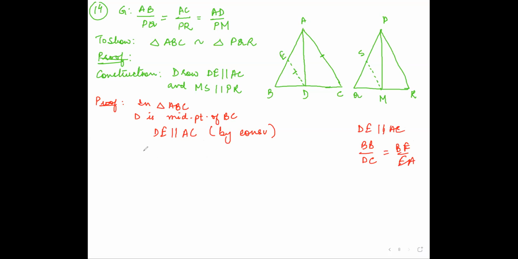Nobody will speak now. By converse of basic proportionality theorem, can I write Hamna like this? Because my line DE is parallel to AC. So by converse, can I write BD upon DC is equal to BE upon EA? Is that okay?